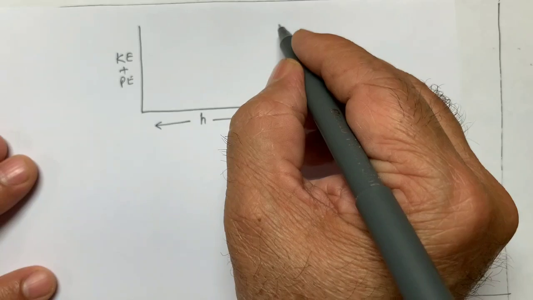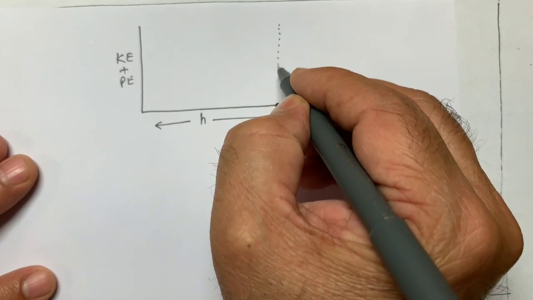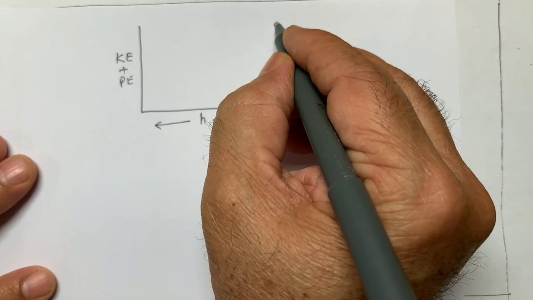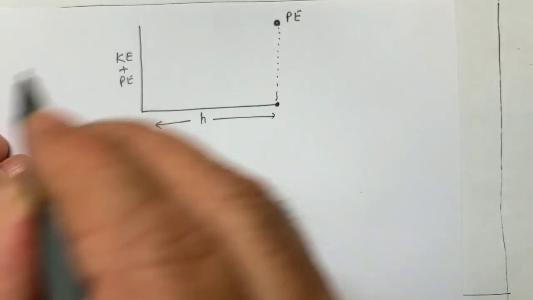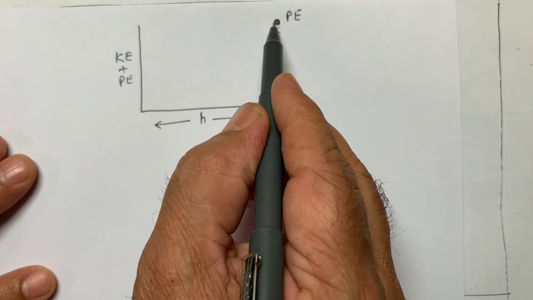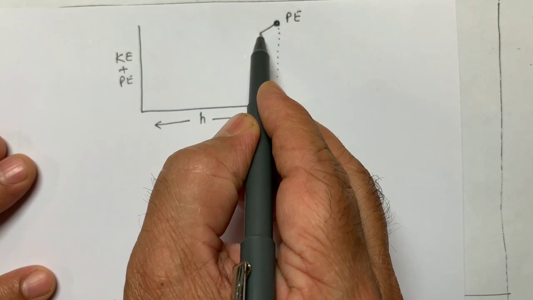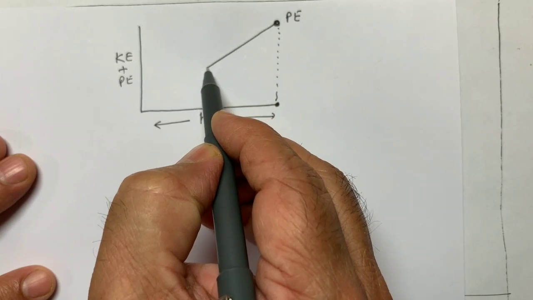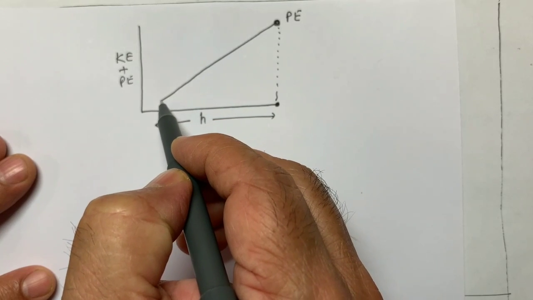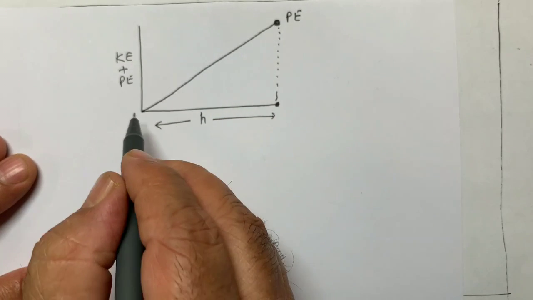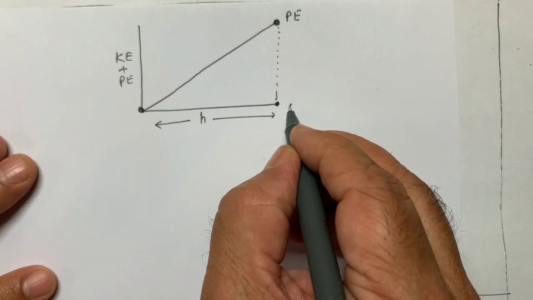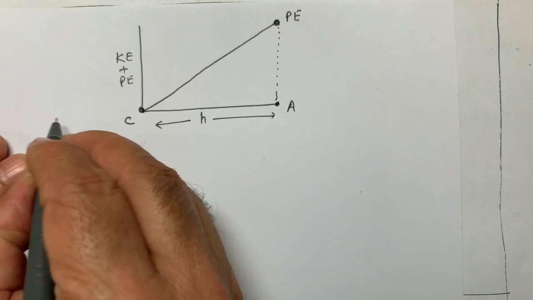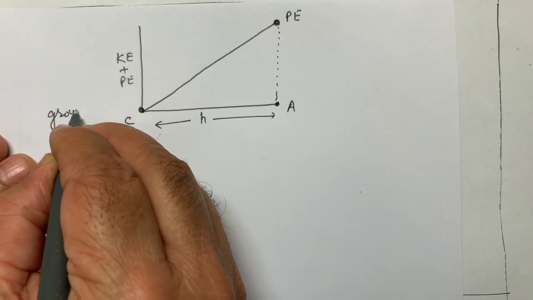Initially the body is at this level, where potential energy is maximum. As the body comes towards the ground, its potential energy goes on decreasing, the graph is a straight line, and it becomes zero at the ground level. This point is known as point A, and this is known as point C. C is known as the ground level.